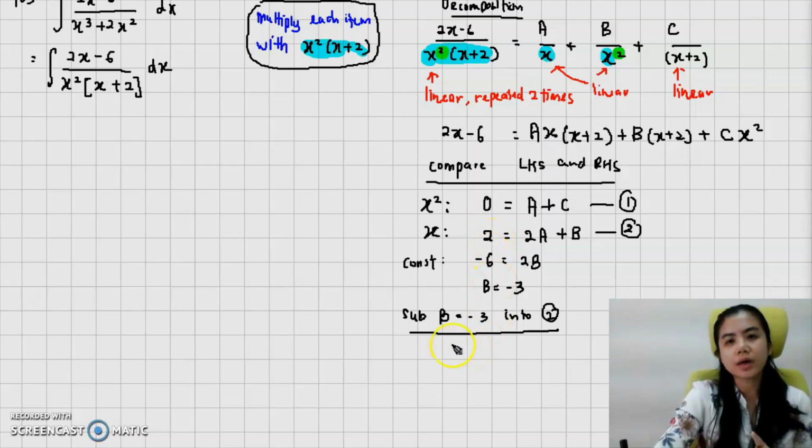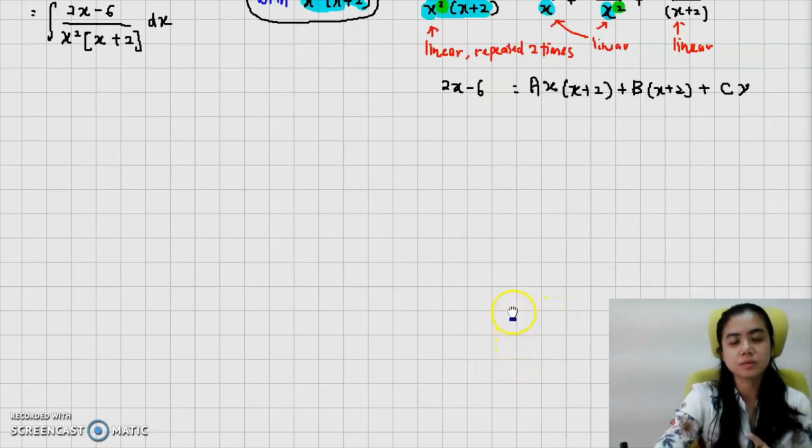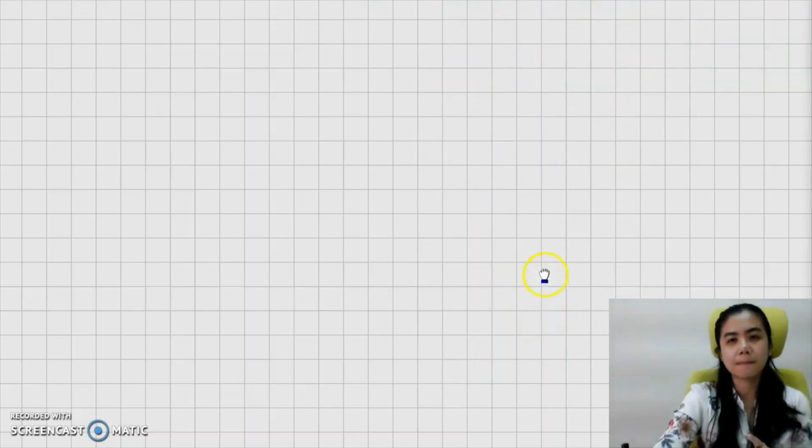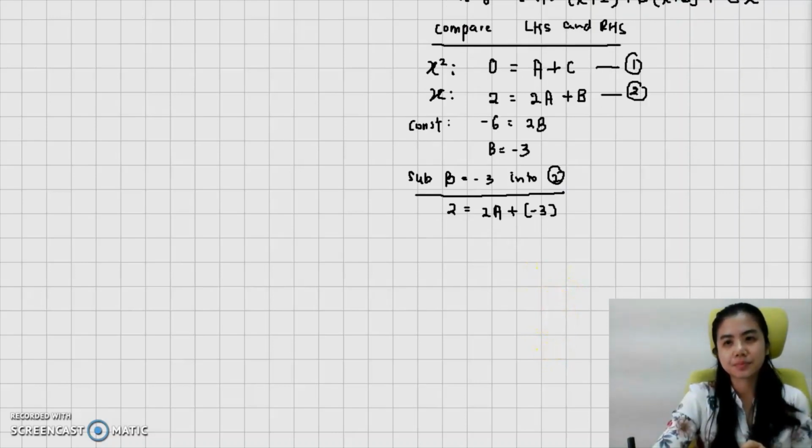Equation 2 is 2 equal to 2a plus b, and the b here is minus 3. You solve it by bringing this to the left hand side, we have 5 equal to 2a, and a is actually 5 over 2.